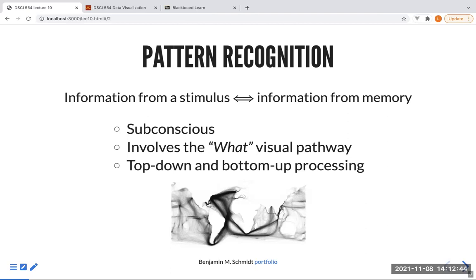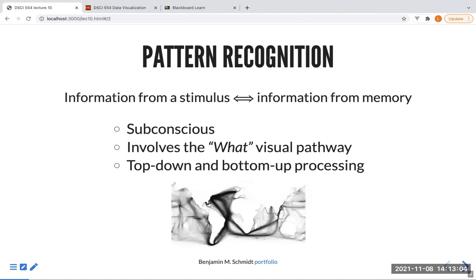And so we're going to look at both the memory models, but also at how these patterns are formed and how we perceive patterns, what type of configurations of objects will lead to a pattern.